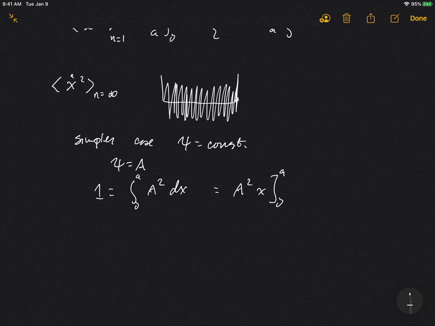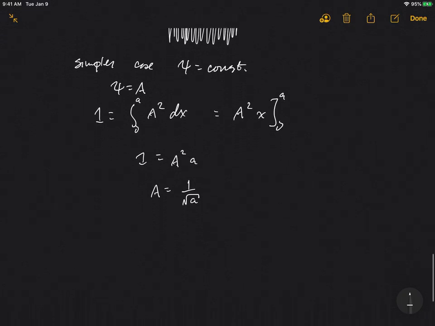So integrating, we get a squared x, integrating from 0 to a, so that's going to be 1 equals a squared a, where little a is the size of the box. So our normalization constant is 1 over square root of little a.